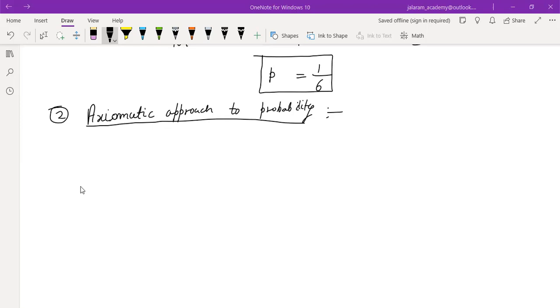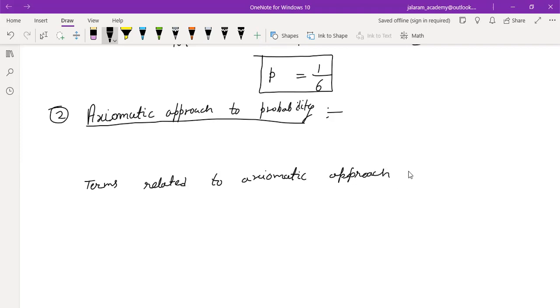So first write terms related to axiomatic approach to probability. This is the theory which you have not studied in previous classes.